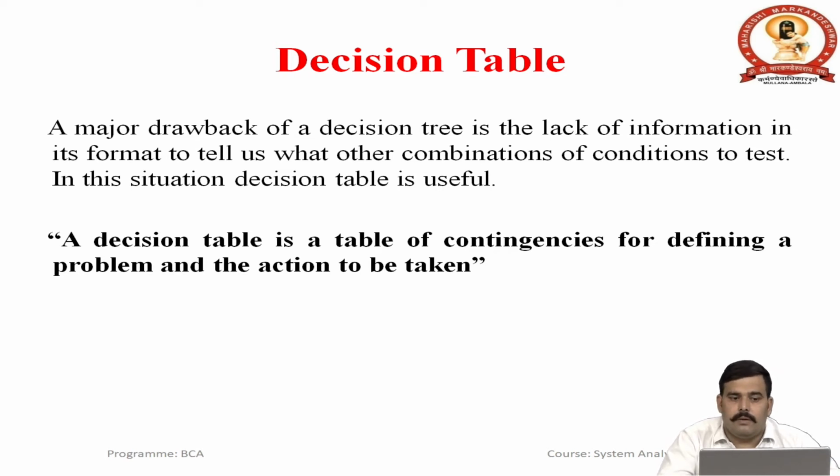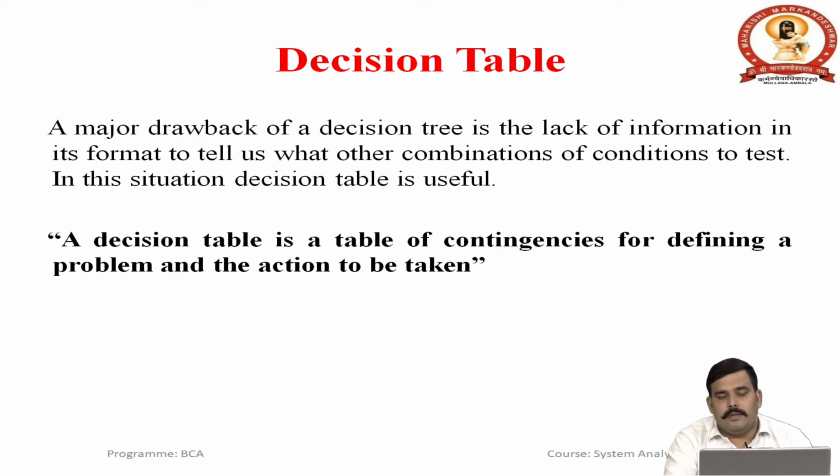A major drawback of a decision tree is the lack of information in its format to tell us what other combinations of conditions to test. The decision table is very useful in this situation when we have to test the other combinations of conditions. A decision table is a table of contingencies for defining a problem and the action to be taken.